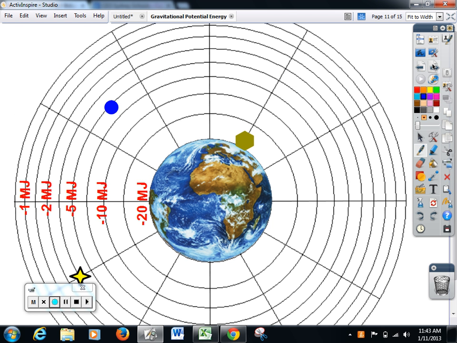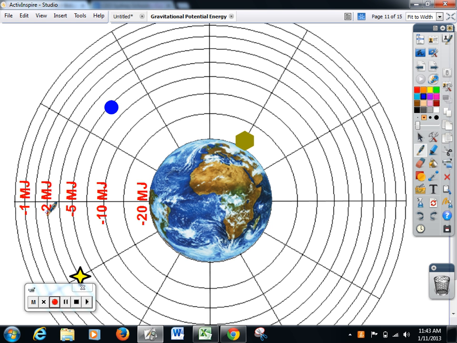Okay, now, this is the one that's in your book, not directly in your book, but just getting the whole idea. It looks like the Earth, but it's a pretend Earth, okay? I've written along here what the potentials are at a certain point.